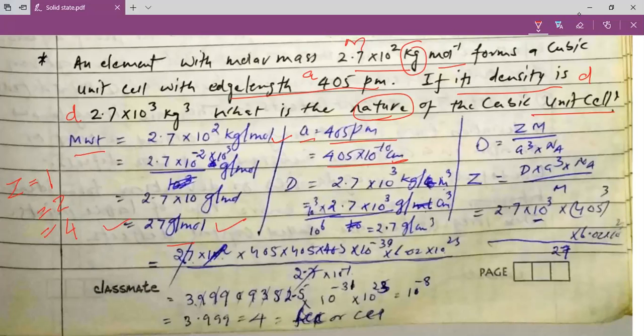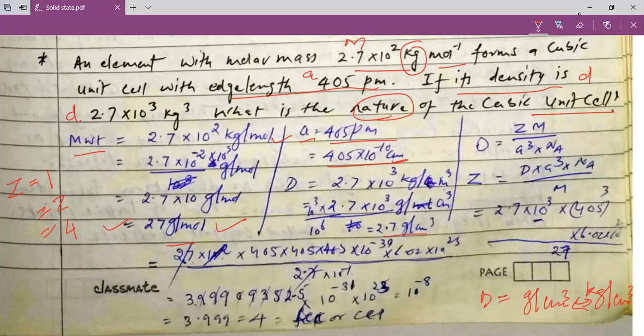Density is given as 2.7 into 10 to the power 3 kg per meter cube, which when we convert it into gram per centimeter cube remains the same, 2.7 gram per centimeter cube. Now please remember, my dear students, that density is the same whether represented in gram per centimeter cube or in kg per decimeter cube. So here the density is equal to 2.7 gram per centimeter cube.